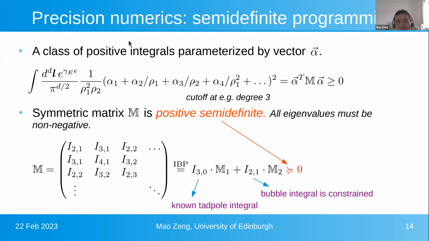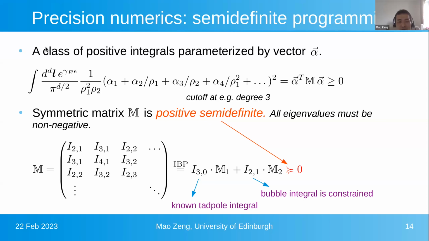I can also have cross terms, just any multivariate polynomial. So the polynomial will not have a definite sign, but once I square it, I will have some integral which is positive.